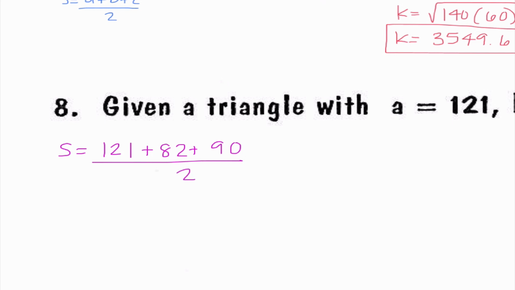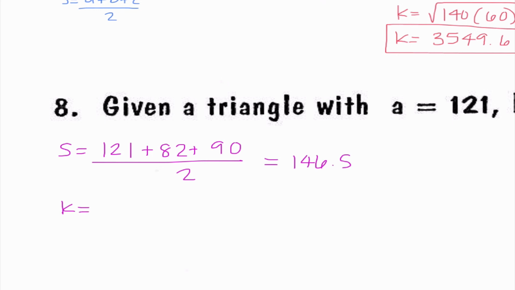Now, quite honestly, the one thing that's going to make this a little bit tougher is the fact that we're going to be dealing with some fractions here, or decimals. If we do a decimal, that's fine. I get 146.5, and I'm going to leave it like that.